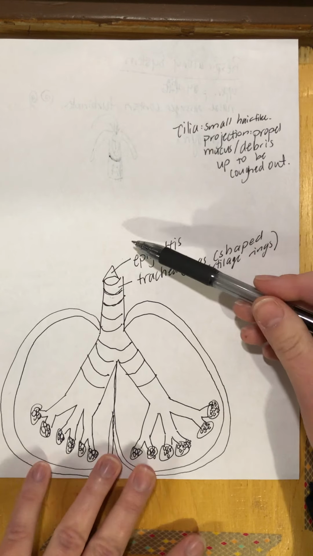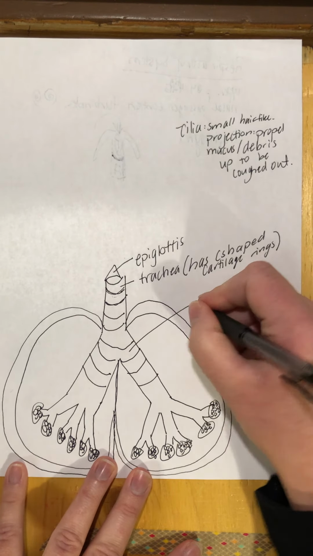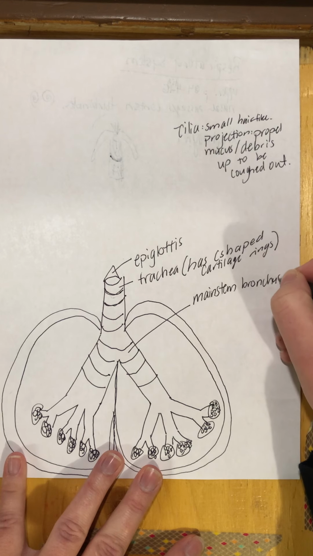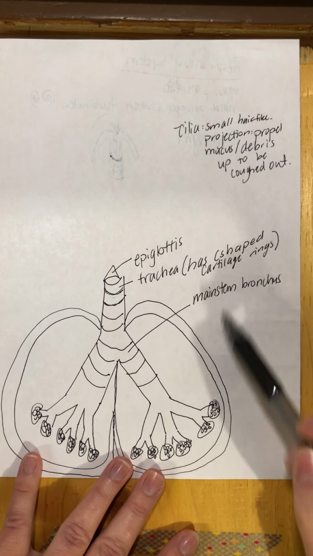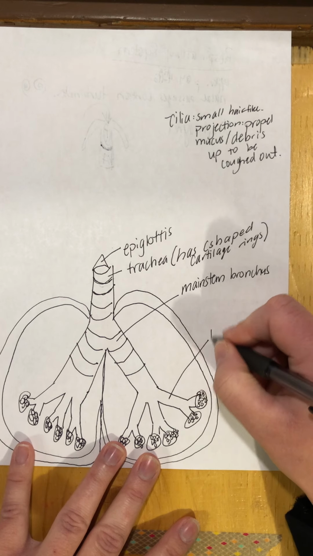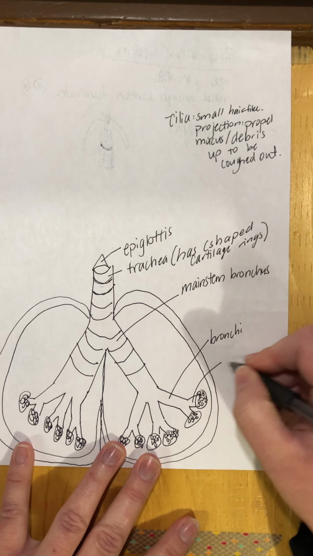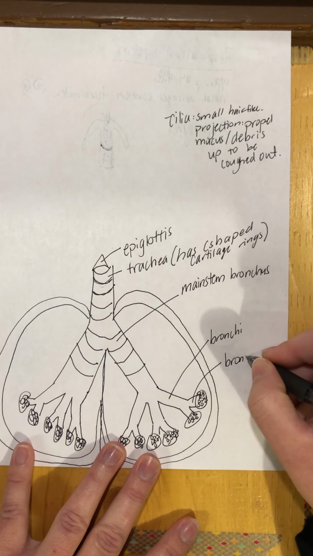Okay, so after air has traveled into the trachea, it's going to travel next into the main stem bronchus. The main stem bronchus is singular. If we're talking about both, it's the main stem bronchi. And then it goes into just the bronchi. And then this guy is the bronchiole.